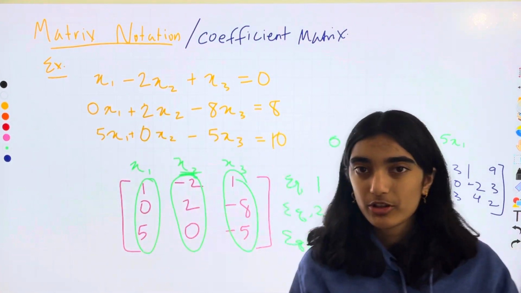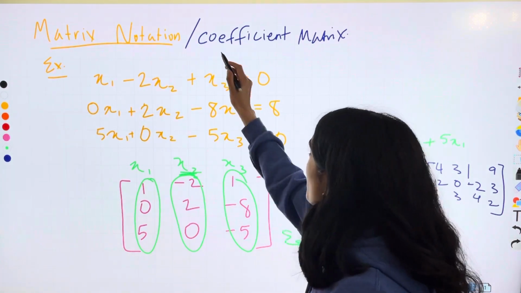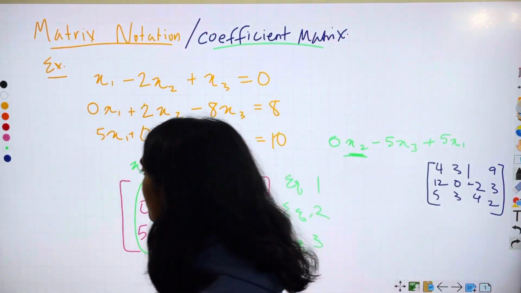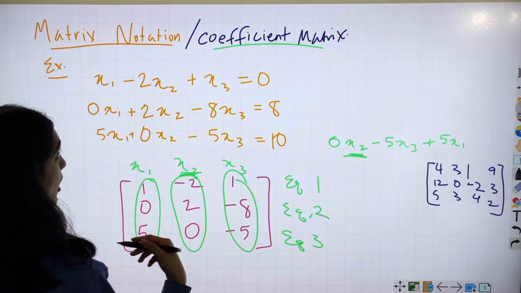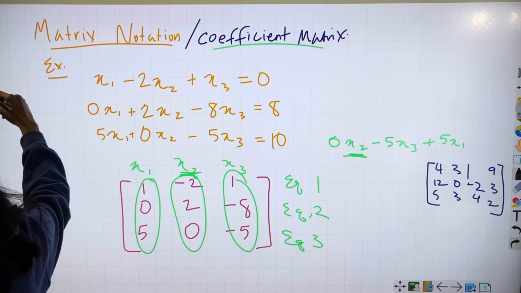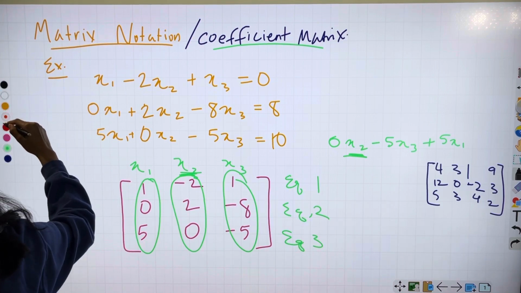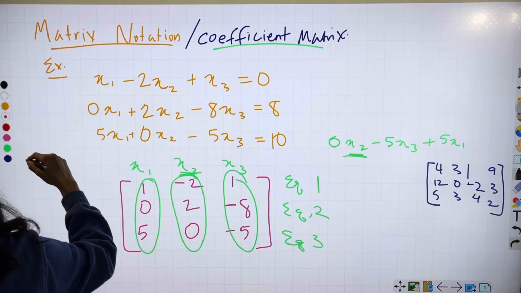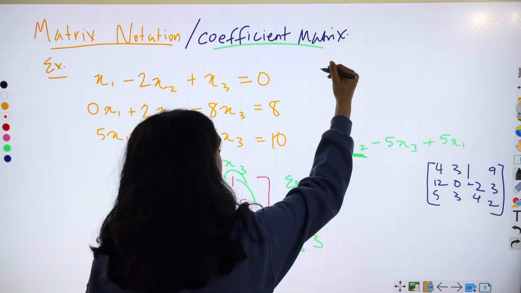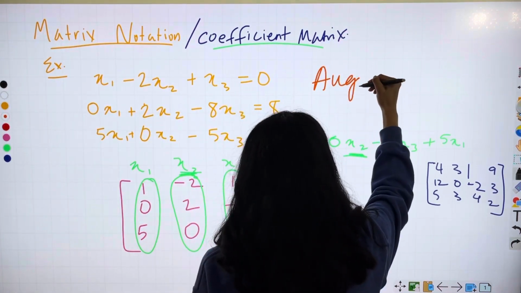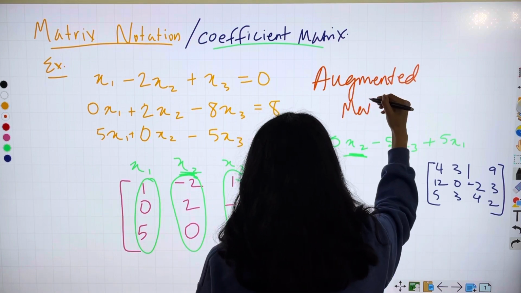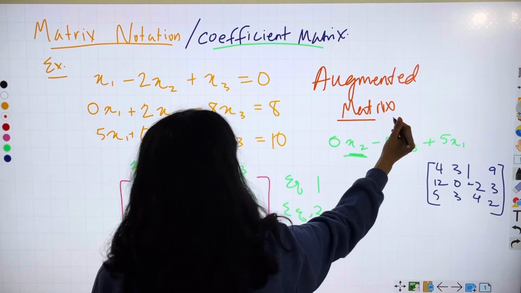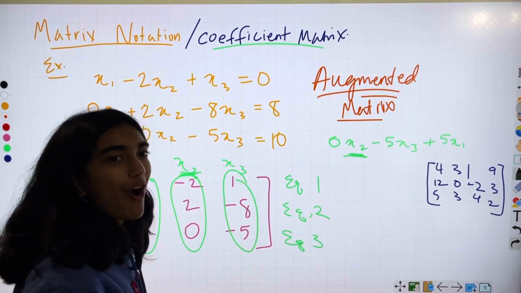Okay, so this is matrix notation. This is our coefficient matrix. There's also something called an augmented matrix. Okay, so we also have augmented matrices. And it's basically the same thing, except we're augmenting something.